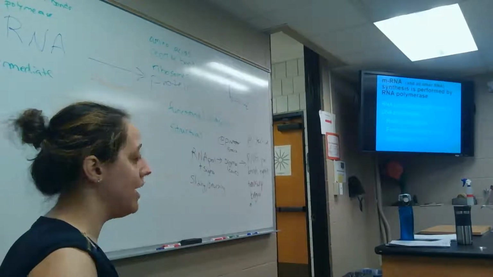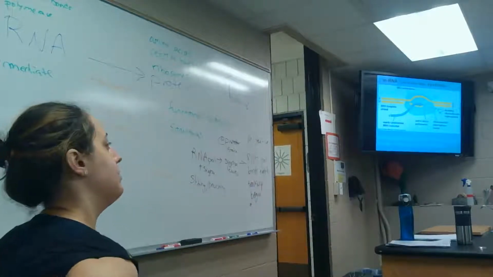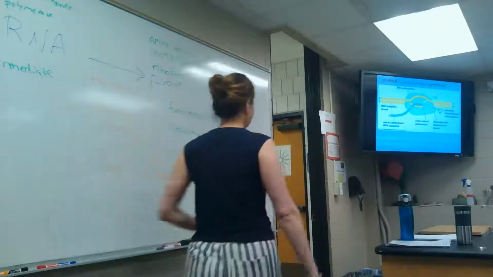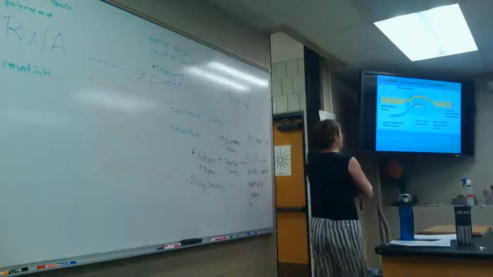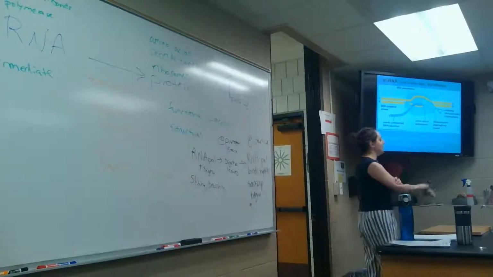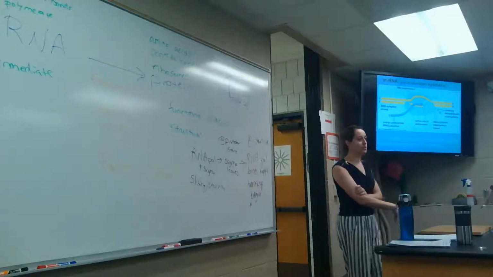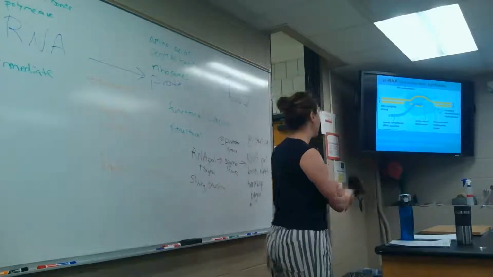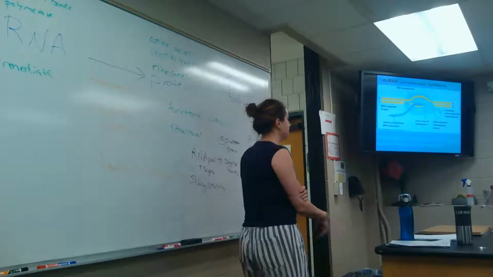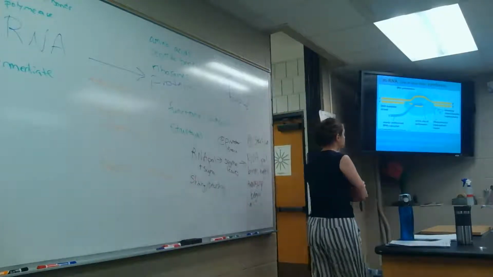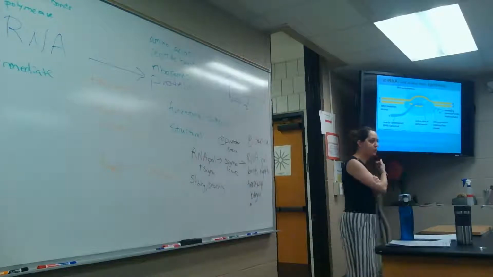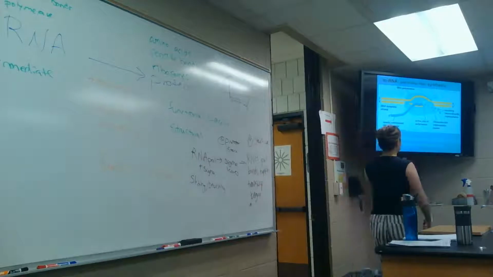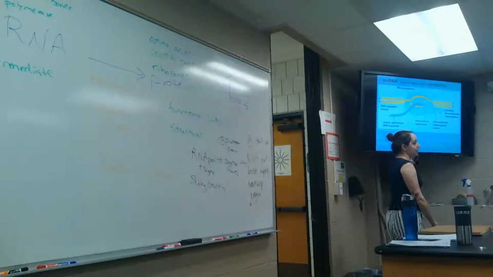So how do we actually make the RNA? Again, really similar to DNA replication, where we have this polymerase that is taking nucleotides, matching them up to the template, hydrogen bonding, and then forming phosphodiester bonds to add them to this growing chain. The nucleotides that are incoming are triphosphates.